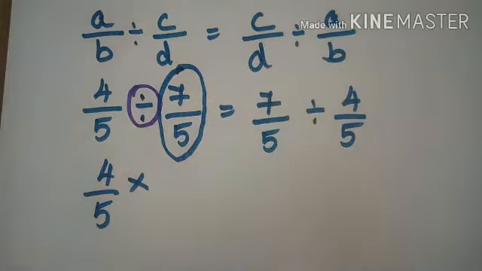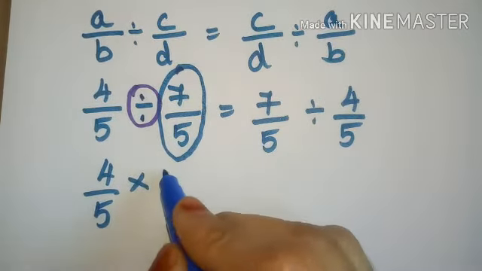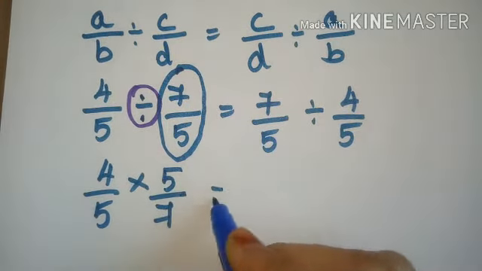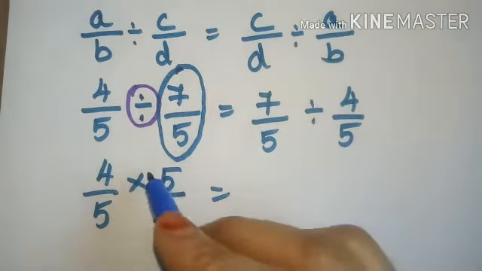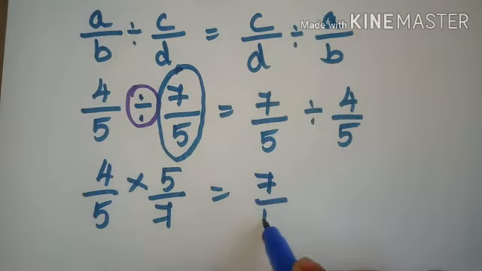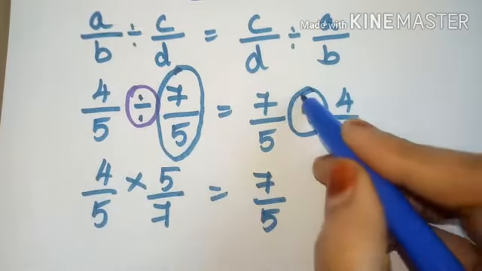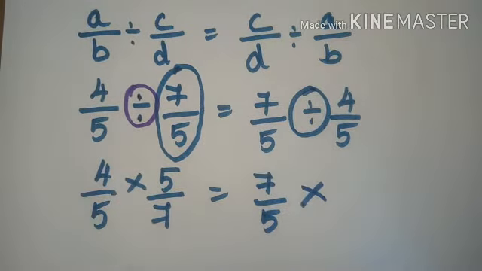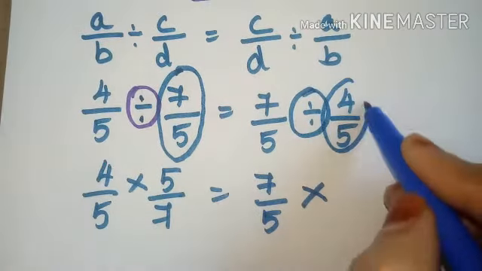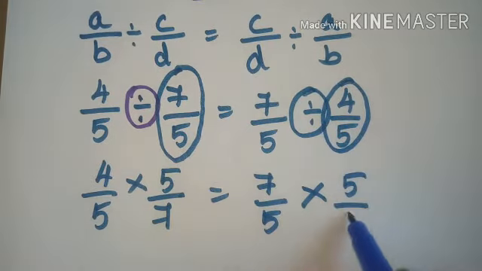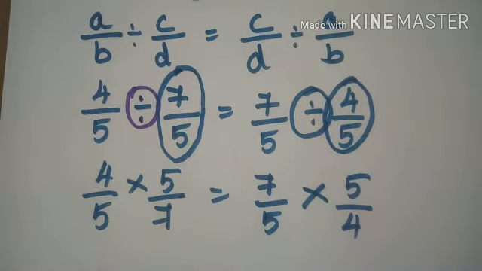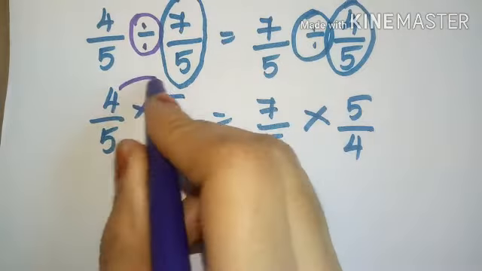Reciprocal means turning it upside down. So 7 by 5 becomes 5 by 7. Here also we follow the same step: 7 by 5, instead of dividing by 4 by 5, we multiply by 5 by 4. Understand the concept? Okay, multiply.